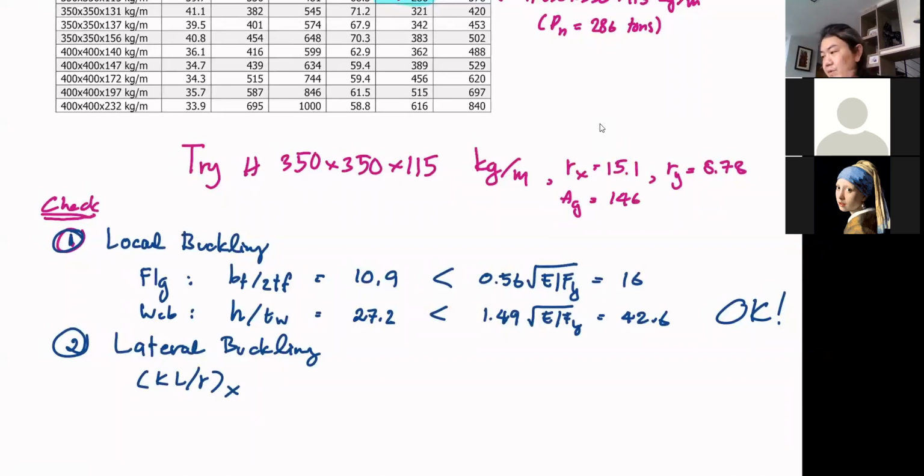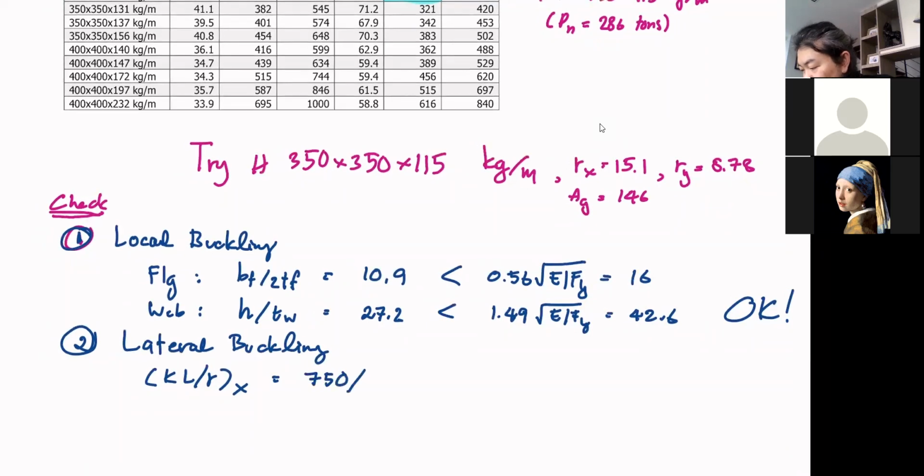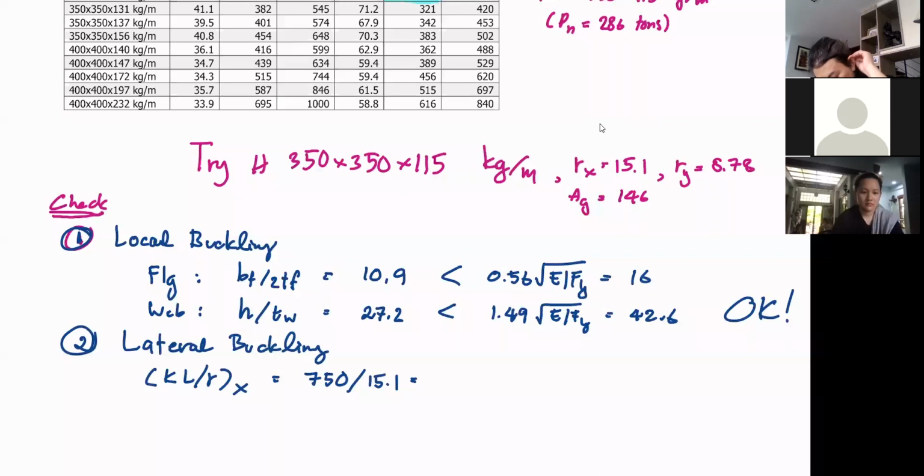Okay, so now we're ready to check the slenderness ratio. Now be careful. L in X direction is 750, divided by Rx, which is 15.1. That gives you a slenderness ratio of 49.7.